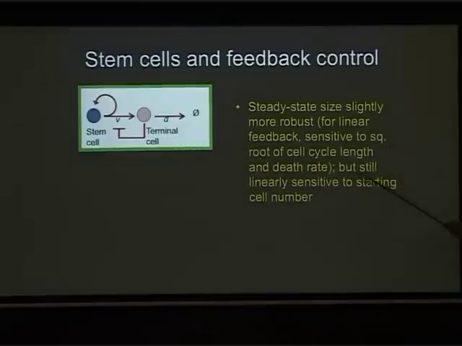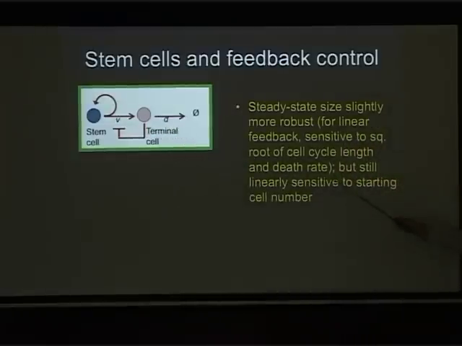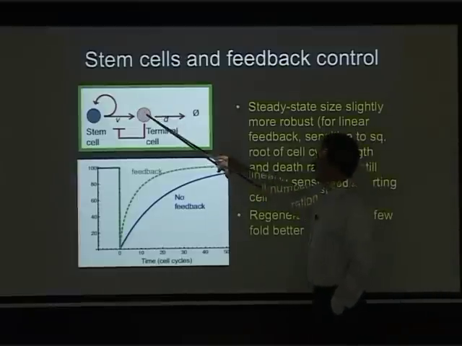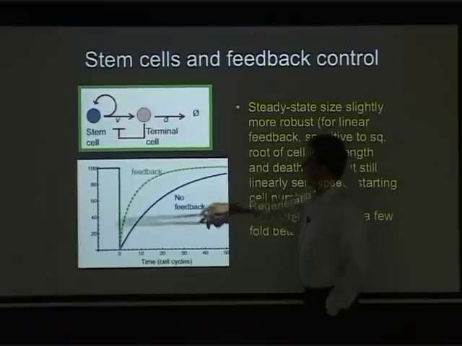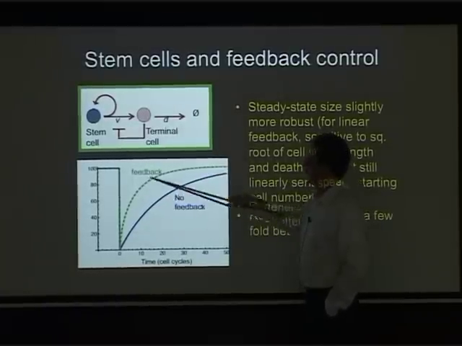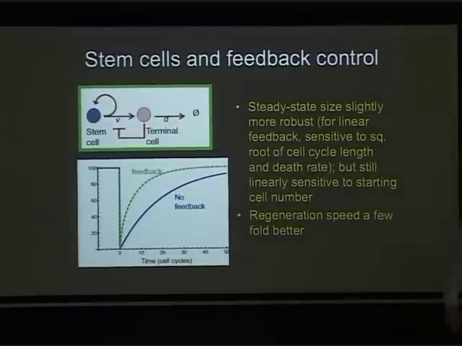But it's still linearly sensitive to the initial conditions. And it does regenerate faster, because now in this system, if I take away these terminal cells and ask it to come back, of course, it speeds up for a while until it slows down when the feedback starts kicking in. So you can actually improve regeneration speed with this sort of thing.